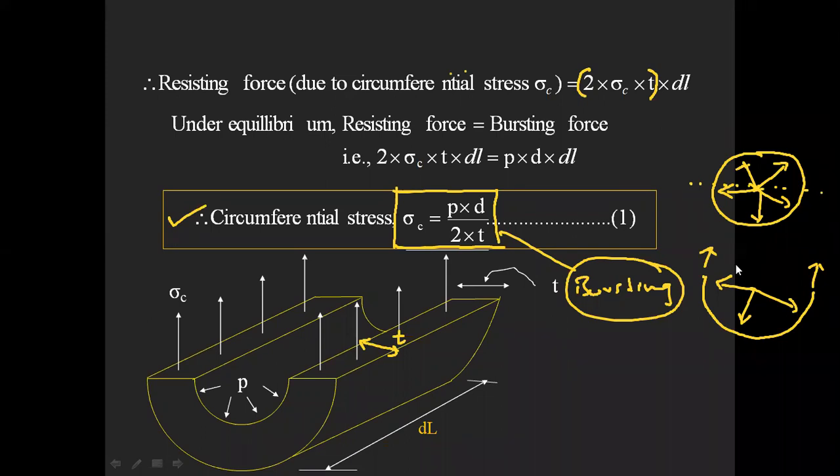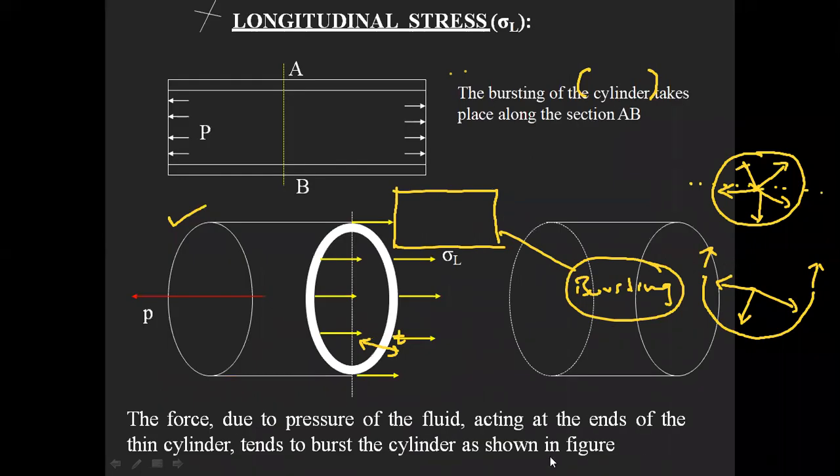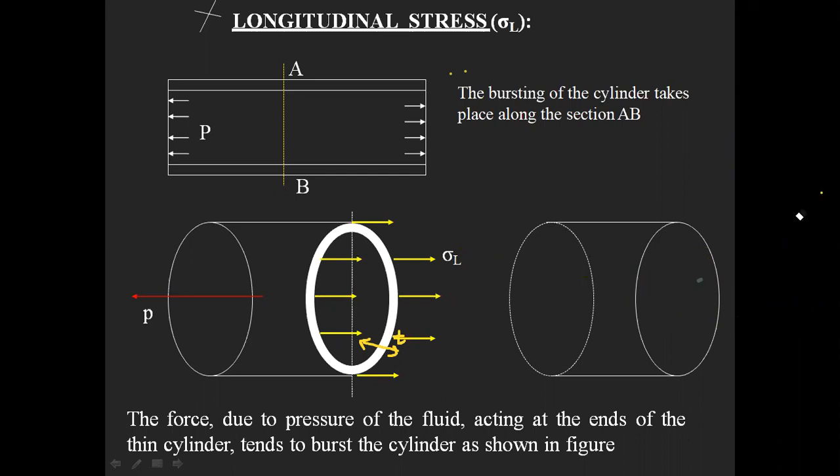Longitudinal stress is also a tension that makes your cylinder burst in the longitudinal direction. Let's see what the longitudinal stress will be. Here you can see clearly, there is a cylinder which is longitudinally placed.